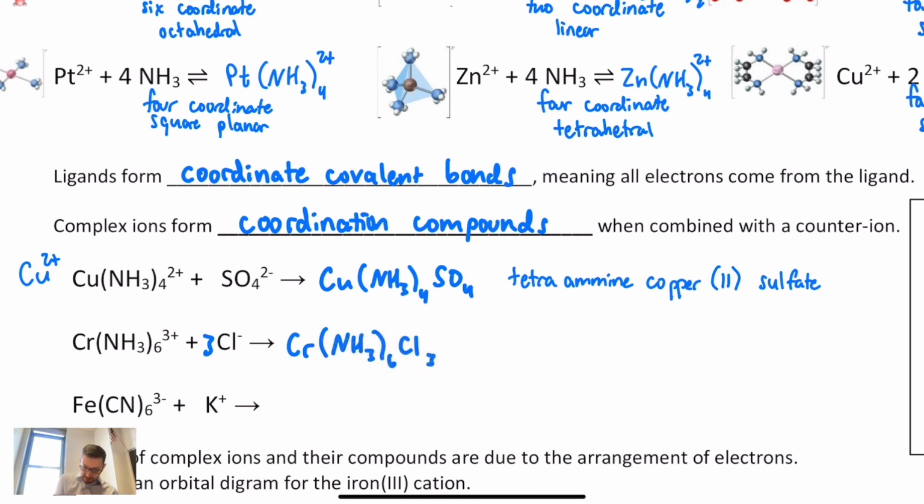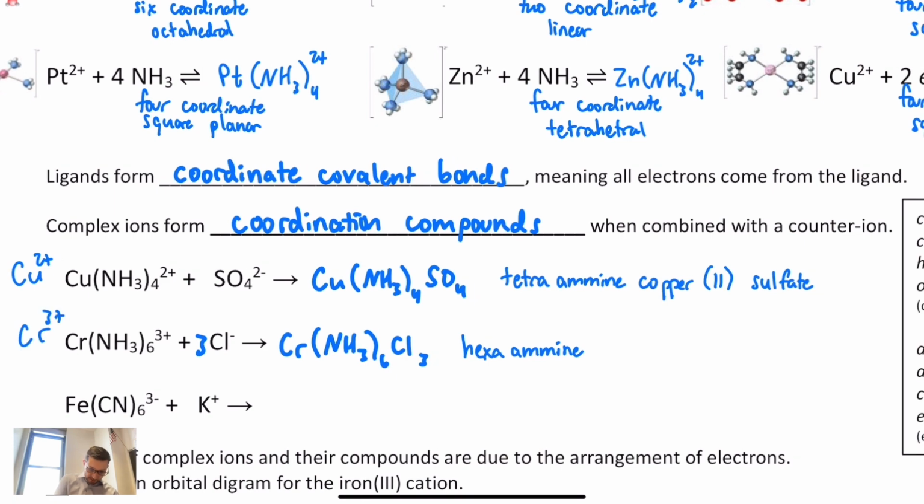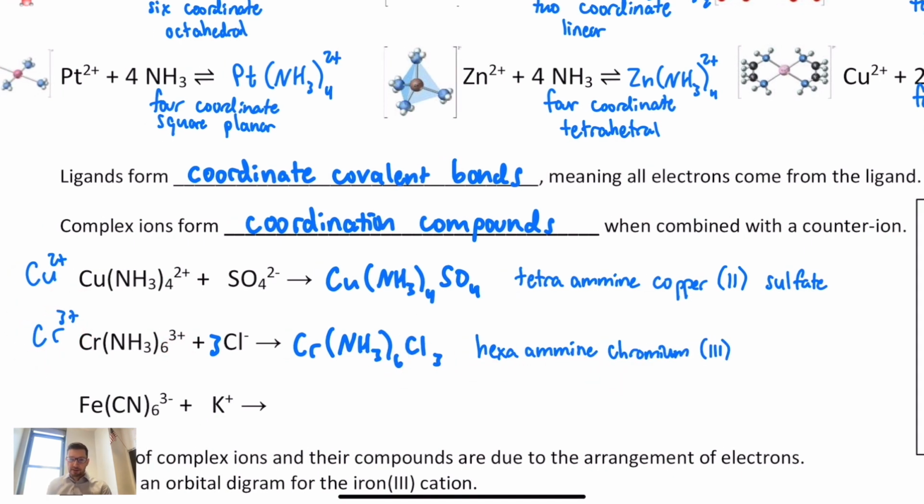There's 6 of the ammonias, so hexaamine, hexa meaning 6. This is a chromium 3+, because amine is a neutral ligand, so this is a chromium +3. So I would say hexaamine, chromium 3, and then chloride. It's still ionic, so there's no prefix for the number of the ion. There's prefixes for the number of the ligand, but not the ion. You don't say trichloride, you say just chloride.